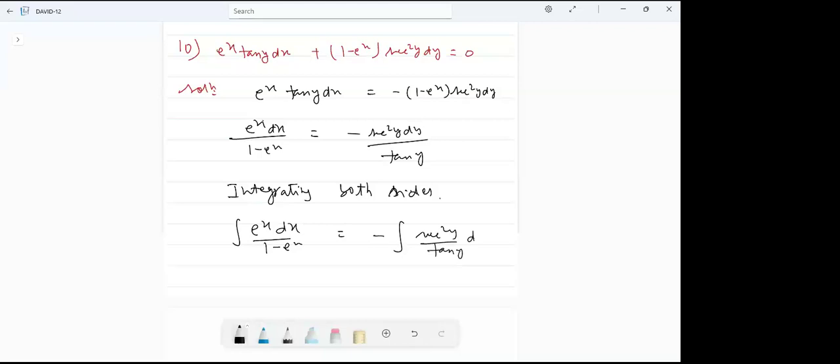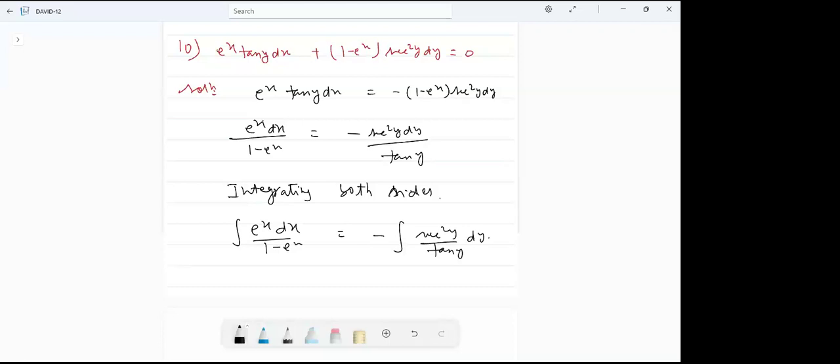In the right hand side, we have f dash y over f y. Means if we take tan y as t, we get sec square y dy equals to dt.